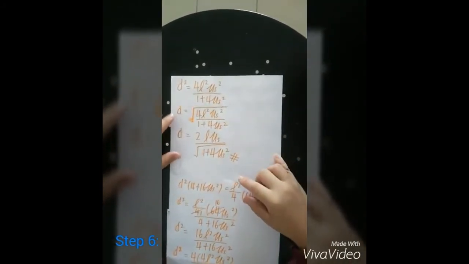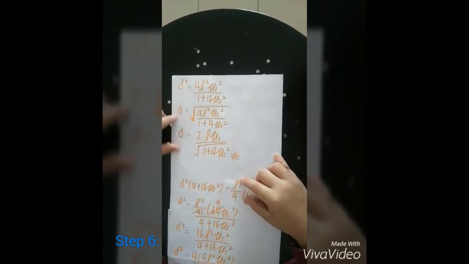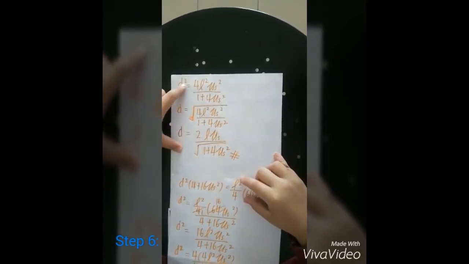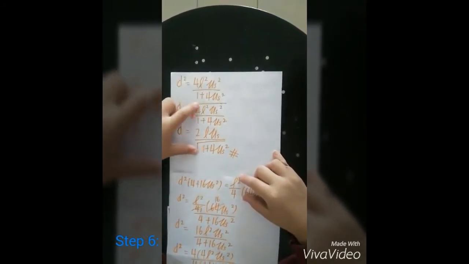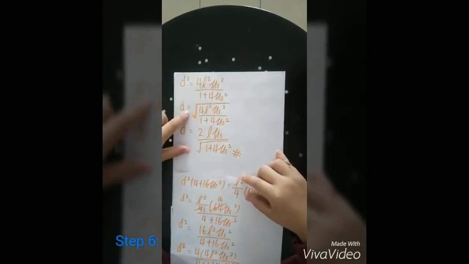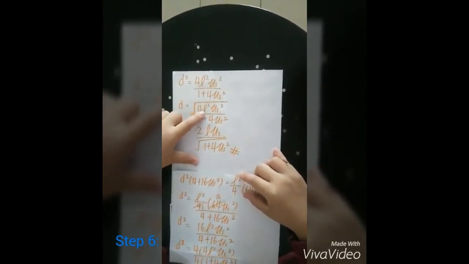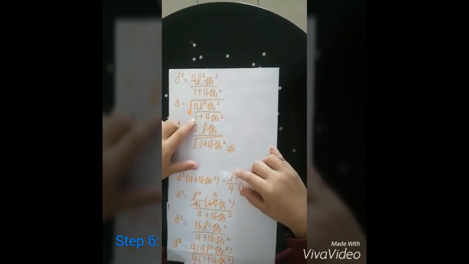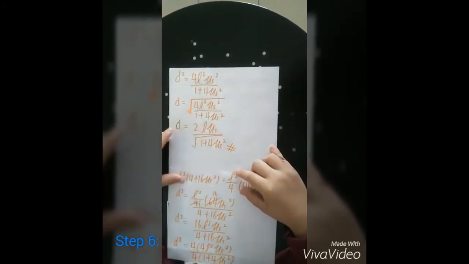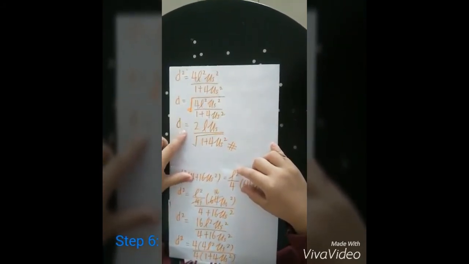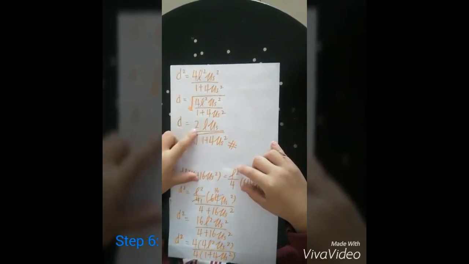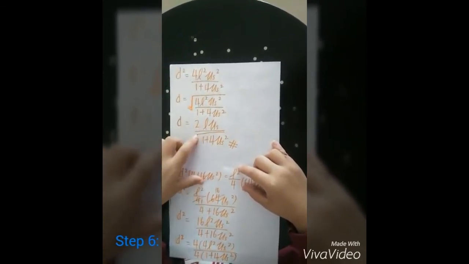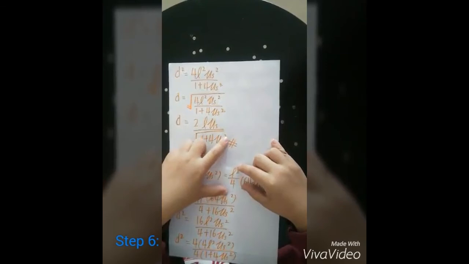Then the following step is, because d is squared, right? So we shift the square to the other side, so it becomes the square root. So d equal to square root of 4L square mu s square divided by 1 plus 4 mu s square. So the following step is d equal to 2L mu s divided by square root 1 plus 4 mu s square.